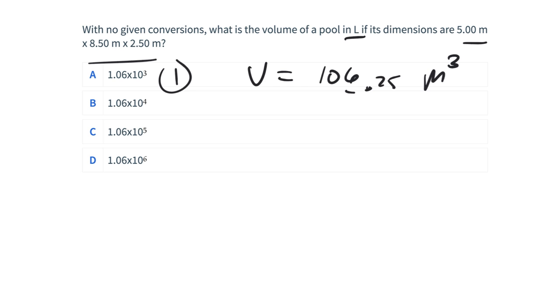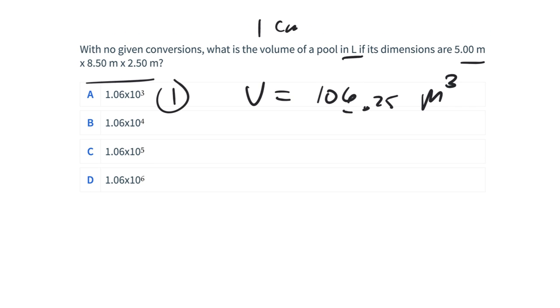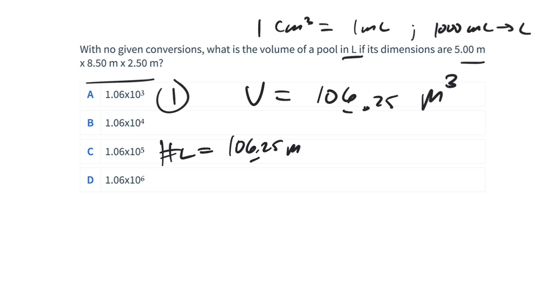And so if I want to then convert the volume of the pole into liters, I could be thinking of using 1 cubic centimeter is 1 milliliter, and then 1,000 milliliters is a liter. And I just somehow need to get from cubic meters to cubic centimeters. So if I use dimensional analysis, starting with 106.25 cubic meters, because I think we all know there's 100 centimeters in a meter, but there's not 100 cubic centimeters in a cubic meter.